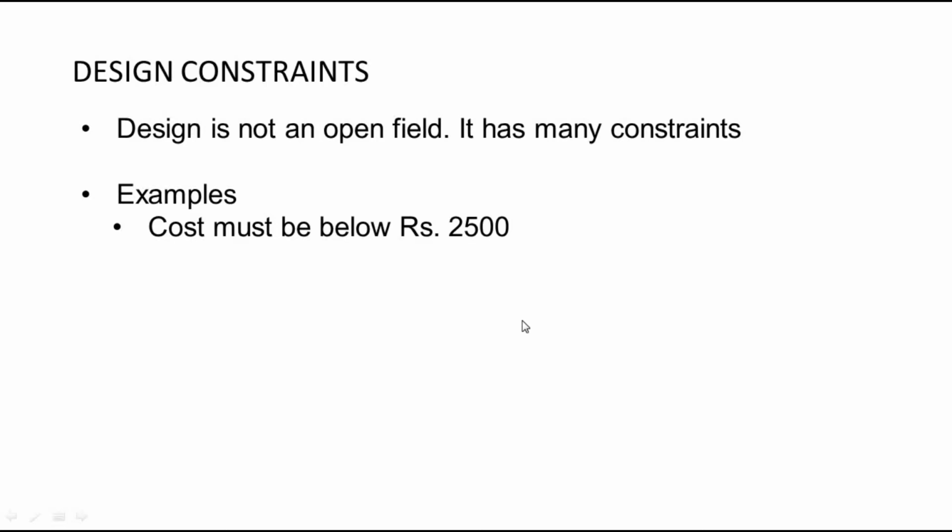Or the requirement will be to design a computer which costs less than 45,000, or a product whose range should not exceed 300 kilometers. These are all limitations on the designer, limitations on the designer's creativity. It is actually a block on the creativity of the designer. So these are called design constraints.